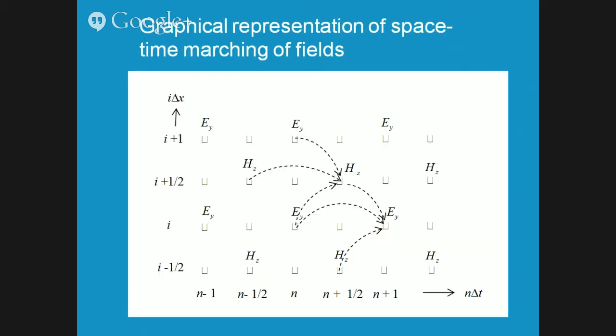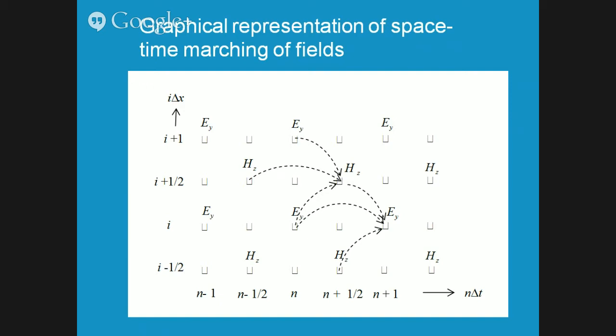Now this view graph shows the graphical representation of the space-time marching of fields. In fact, these things are very important. Unless you understand this basic process through various means, you won't get the sense of FDTD. On the x-axis, we have the time instants n minus 1, n minus half, n plus half, n plus 1, and delta t. On the y-axis, we have the nodes i plus 1, i plus half, i, and i minus half.